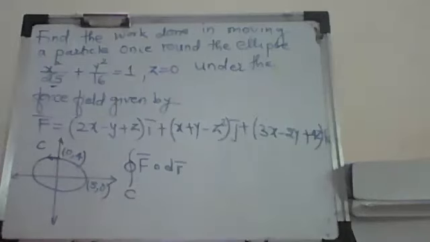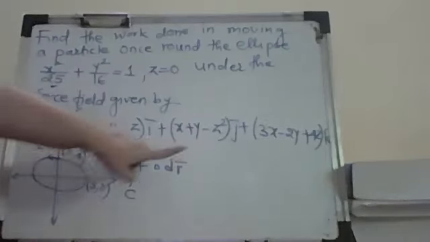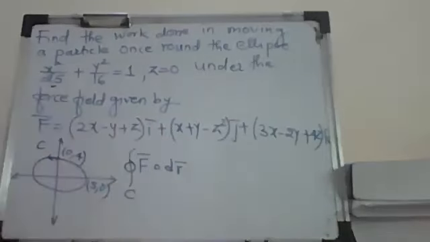For understanding, it is very important that if you draw it, a pictorial representation always helps you in the case of integrations. So it is a nice habit to draw the diagrams. Now what I have to do is write f bar dot dr bar. The meaning of this is you just replace i with dx, j with dy and k with dz. That way you remember. So it is what?